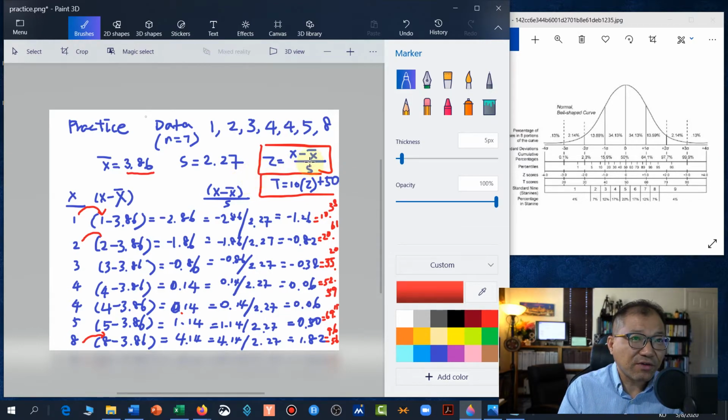So you need to divide the value from x minus x bar by standard deviation. So S is already given. So you put x minus x bar, which is from negative 2.86 divided by S value 2.27. Then you will get negative 1.26.